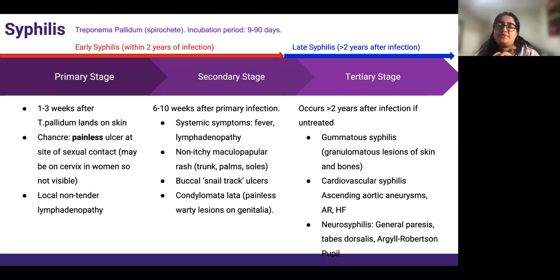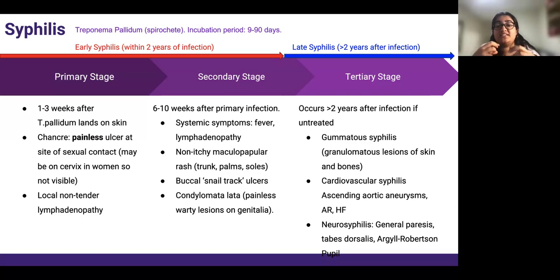But essentially what happens is that between the secondary and the tertiary stage, during the latent phase, the bacteria goes away from the bloodstream and enters certain organ systems, for example, the heart, the liver, the bones, and it resides there. However, there are a few spirochetes left within the bloodstream, and these cause a really big reaction from the immune system, almost like a type 4 hypersensitivity reaction.